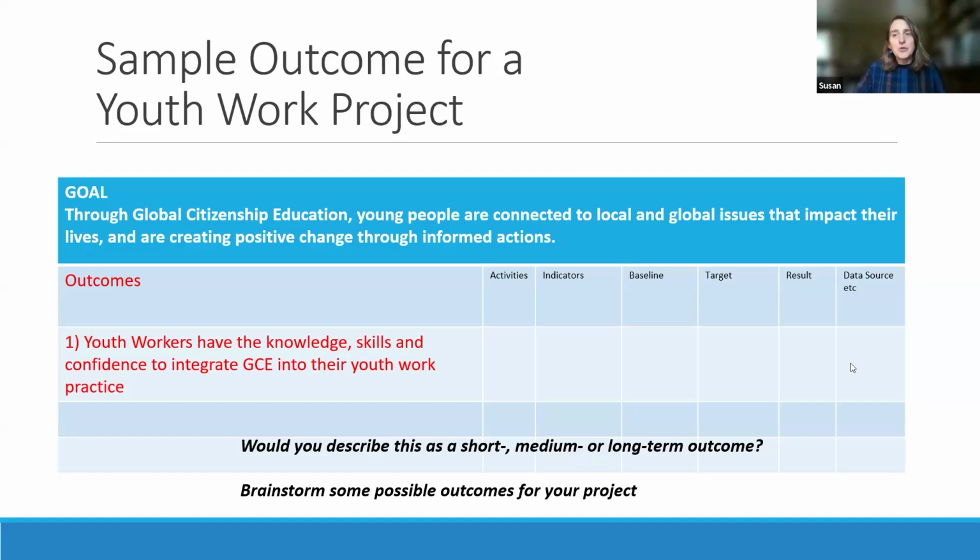So even immediately after you finish your delivery, you're not thinking about you anymore. You're thinking about how you're creating the change that you wish to see. So it's really important. There's the tiniest gap between you deliver the workshop and youth workers have the knowledge, skills, and confidence, but it's a crucial gap for outcomes, that you're thinking about the change in them. So that's why I think we put that one there.